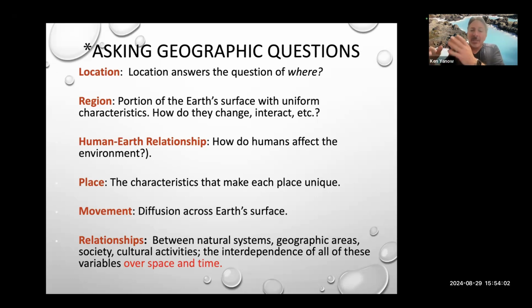That's the diffusion of energy across the surface. So movement is a big deal when we talk about geography. And then finally, relationships. Relationships between natural systems, geographic areas, society, cultural activities, and the interdependence of all these variables over space and time. That's the biggest element of geography.